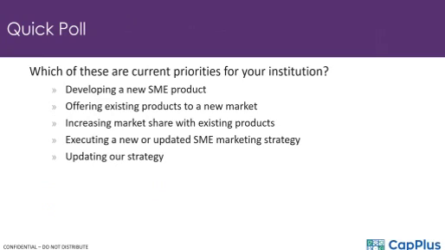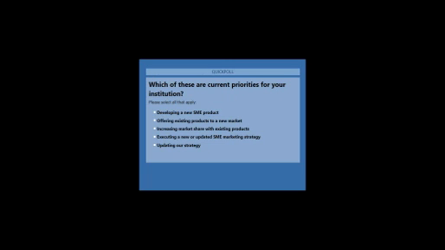So our first poll should be appearing on your screen. Please click on all the answers that apply. The question is, which of the following are current priorities for your institution? Please go ahead and respond.